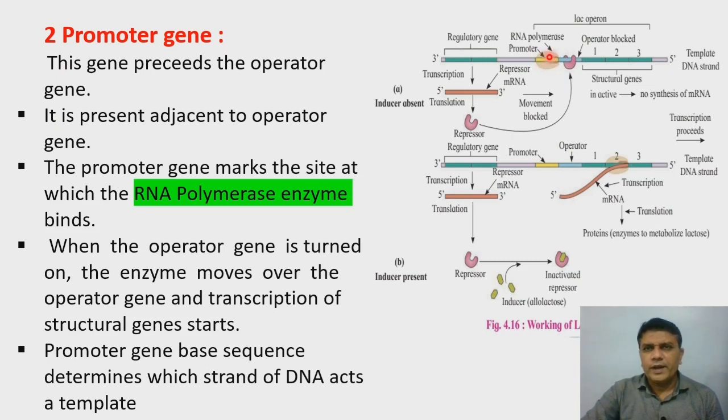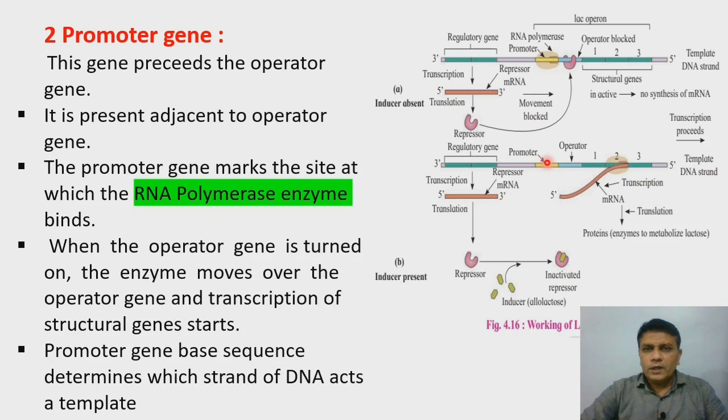But when the inducer inactivates the repressor protein, the inducer is allolactose, a substance present inside the cytoplasm of the Escherichia coli bacteria. This inducer will inactivate the repressor, and the repressor will be prevented from binding to the operator site, and then RNA polymerase will bind to the promoter.